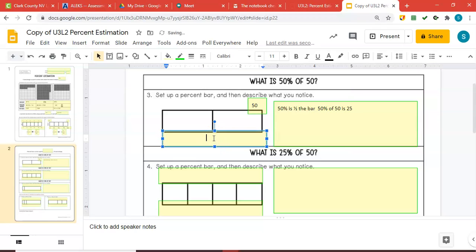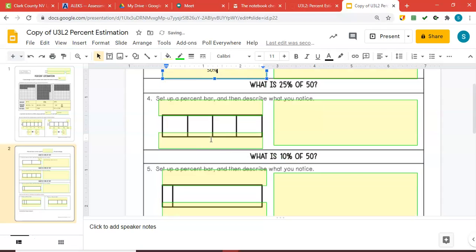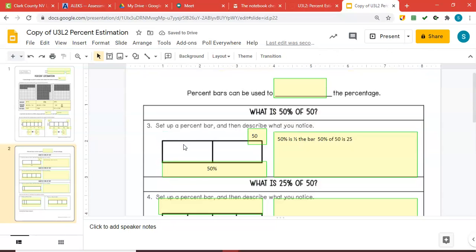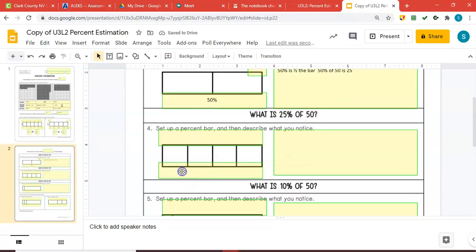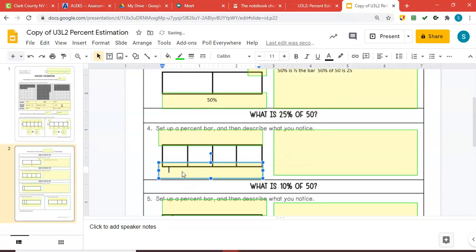Likewise, if we want to find 25%, well, 25% is sitting here at 1/4 of the way across. So here's our 25%, right? Well, let's just think about cutting our 50. So let me just put this, well, we'll just tab over.